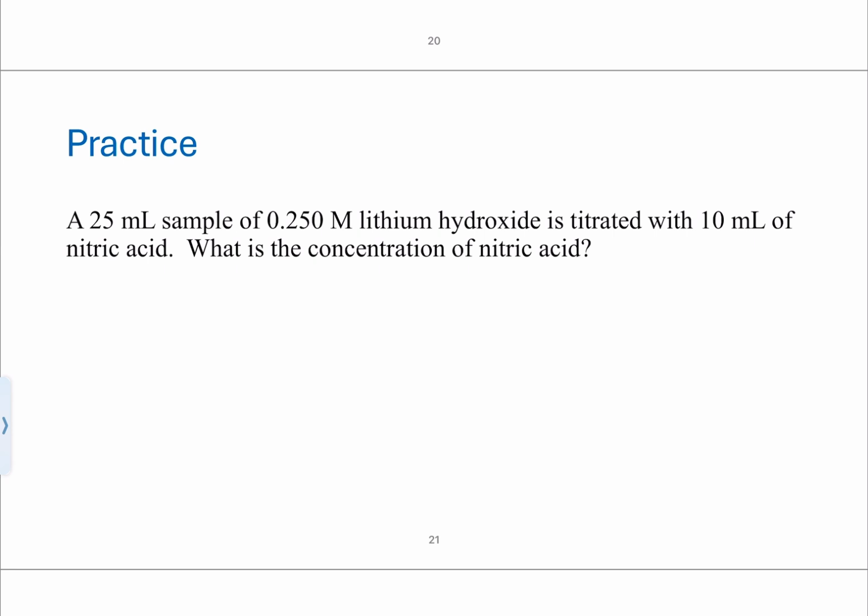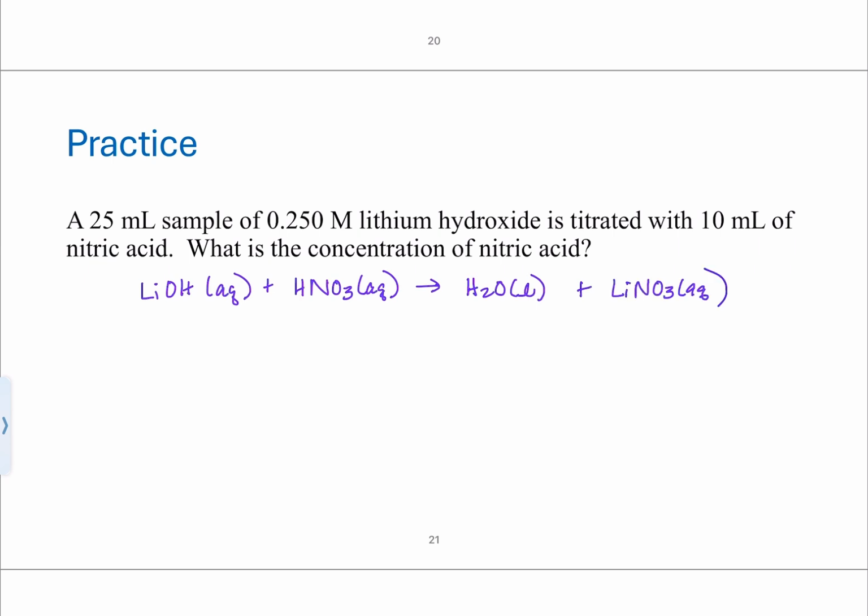We have one more example, and again, I encourage you to push pause and try to work this problem on your own, and then come back to see if you were able to complete it and got everything correct. Okay, so reading this problem, you're given information for one substance and you're asking for information for another substance, which means that we need to write a balanced equation because we're going to have to do a mole-to-mole comparison.